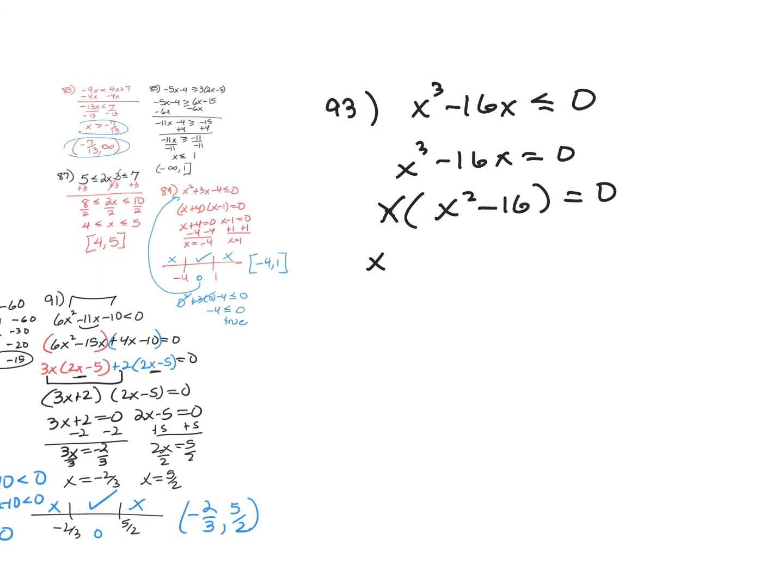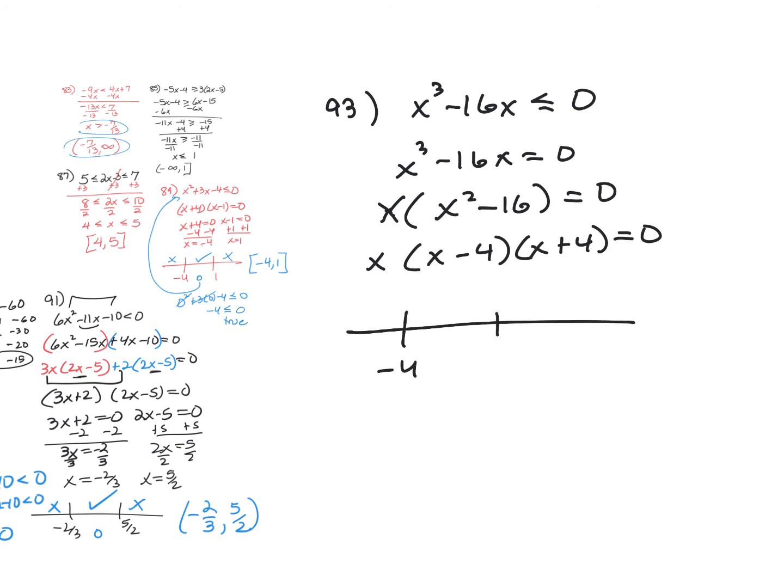And then it'll factor into (x minus 4)(x plus 4). And now I'll go ahead and add this to my number line. Negative 4, 0, and positive 4. Because again, remember, you're setting each one of these equal to 0. So once I solve each of these, those are going to be my cutoff points on my number line.